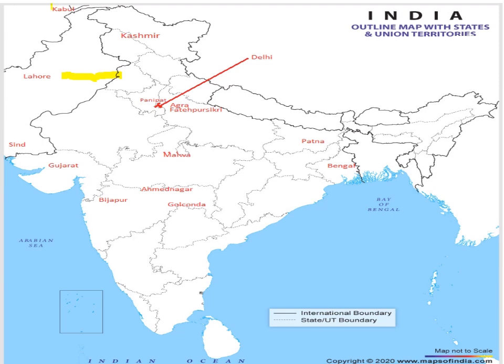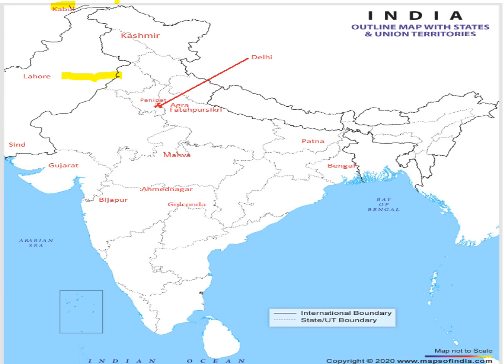Now this is Kabul. Kabul is in Afghanistan. Clear? Now if the map which you are using does not demarcate the boundary of Pakistan and Afghanistan, then you have to write Kabul according to Kashmir. This is the topmost point.